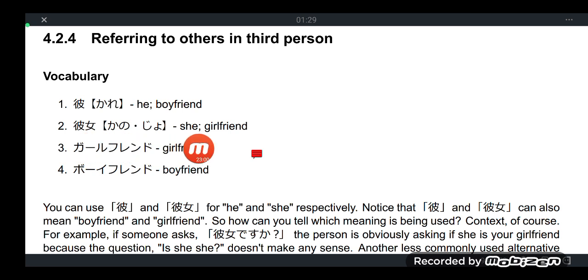Because kanojo can mean she, and can also mean girlfriend. But this is a personal suggestion of mine. Girlfriend and boyfriend are just transliterations, the Japanese way of emulating English sounds. Okay, there's a way so that we can extinguish this confusion.